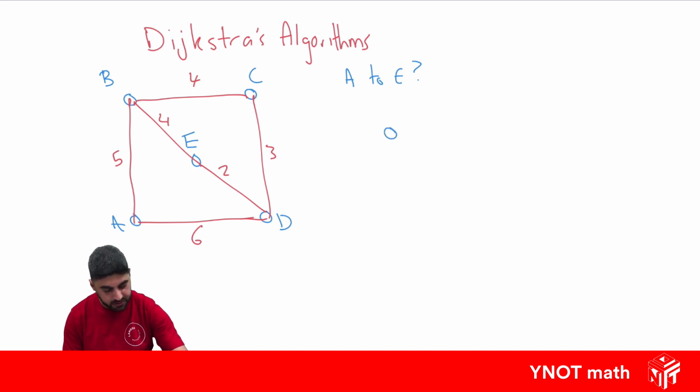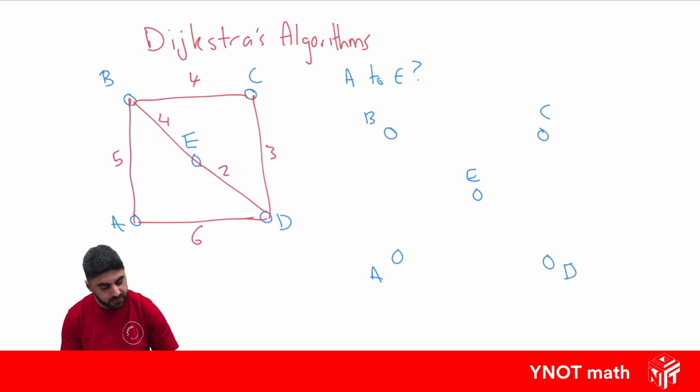So again, we're going to start with all the vertices just on their own. A, B, C, D, and E. And we have to pick a starting vertex. We want to go from A to E, so it'd be good to start with A. And we want to connect any vertex to A with the minimum distance possible.